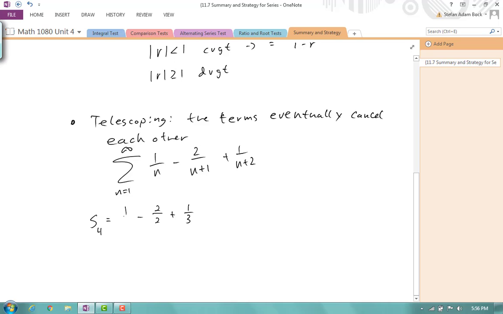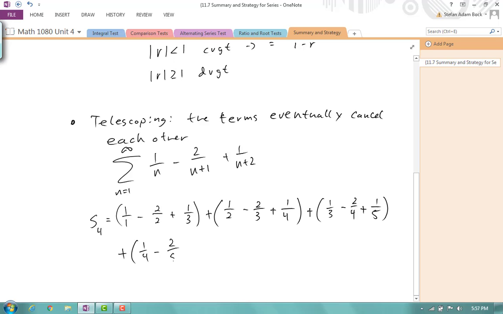Let me rewrite this one as 1 over 1 plus 1 over 2 minus 2 over 3 plus 1 over 4, plus 1 over 3 minus 2 over 4 plus 1 over 5, plus 1 over 4 minus 2 over 5 plus 1 over 6. And it's tempting to say things cancel in here, but why don't we look at this more carefully?